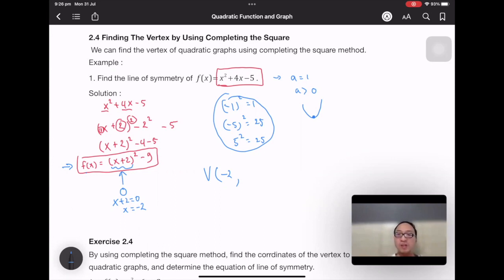And what is the minimum value? The y coordinate. When this value equals 0, the minimum value that f(x) can take is negative 9. So this is negative 9, the lowest point, the minimum. So this is the coordinate of the vertex.